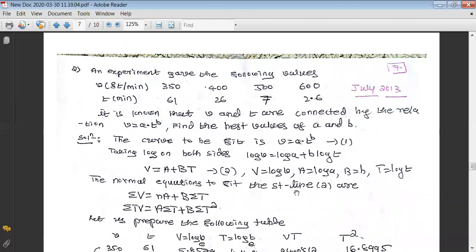Again, as we know, the geometric curve can be fit by converting it to a straight line just by taking log on both sides.